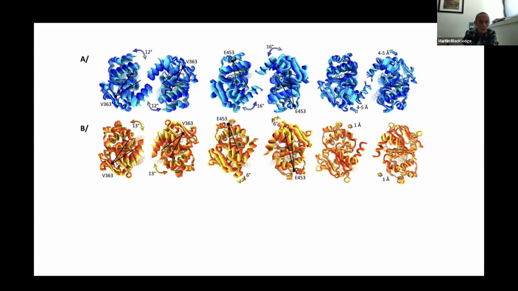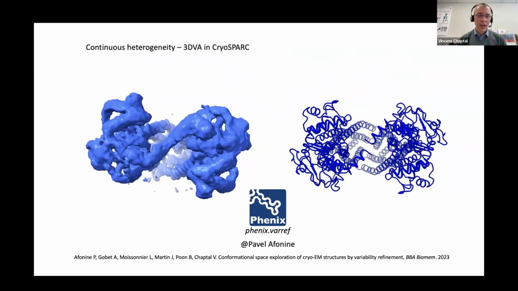So Bruno has replied, the region seems to interact according to the densities. Yeah, that's right. In one of the maps, Vincent, you showed the density was connecting between the two tips of the helices. That's why I thought they might interact. Yeah, I think that's an effect of the 3D variability analysis.